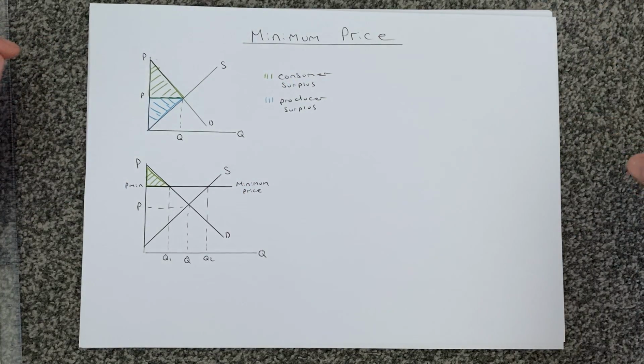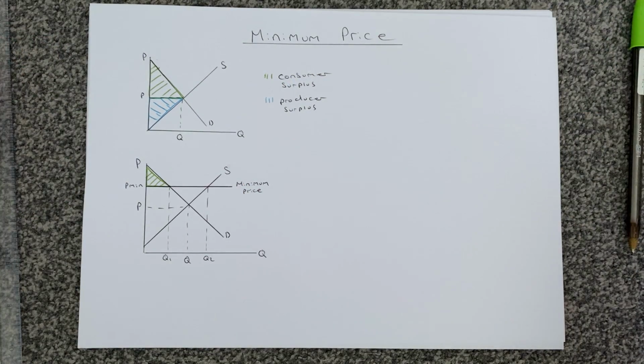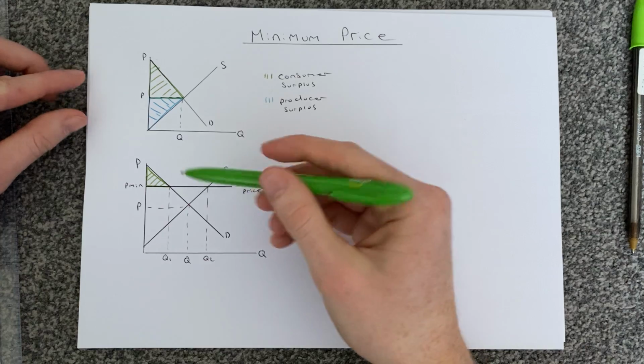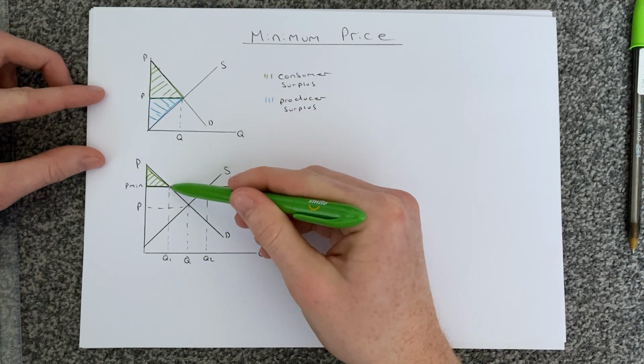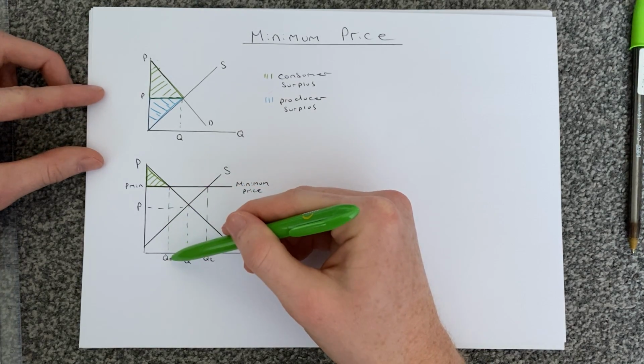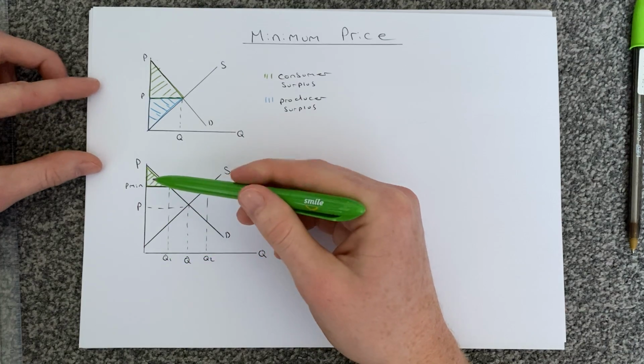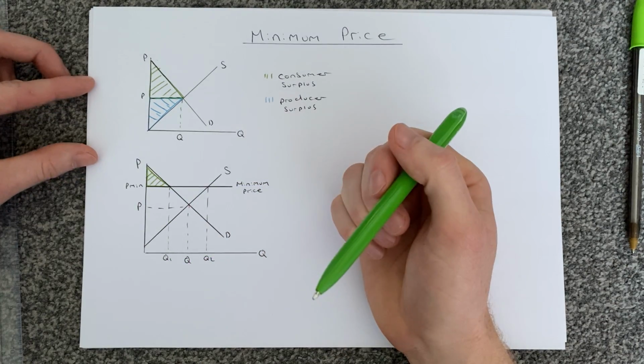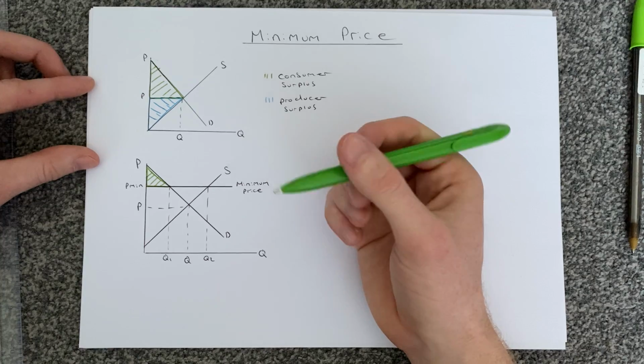So I've hatched that in green there. And we know that it is because when we draw our minimum price, we draw the quantity Q1, which represents the quantity demanded by consumers at that given price of P min.